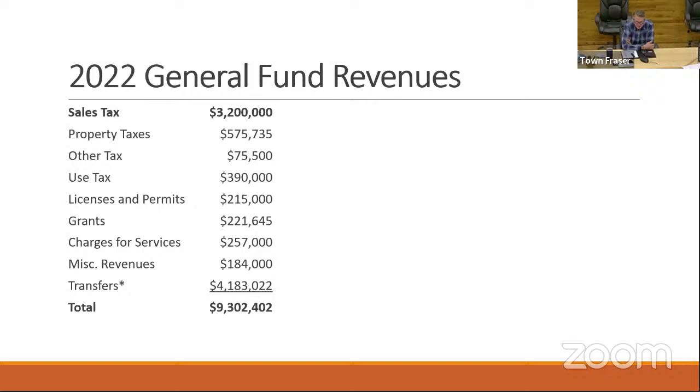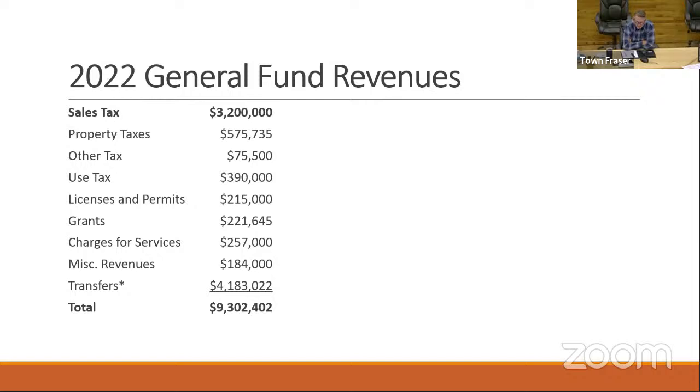We're projecting about $75,000. Use taxes include taxes on building materials that are consumed or used here in the town of Fraser, and also use taxes on motor vehicles. We expect that will generate almost $400,000 in revenue in 2022.